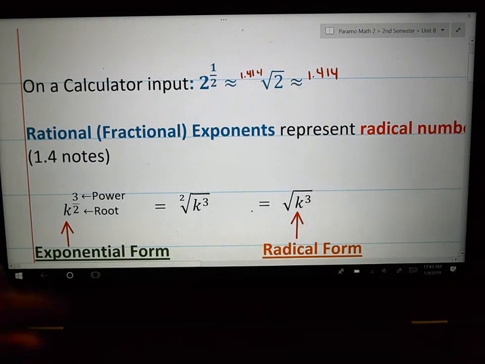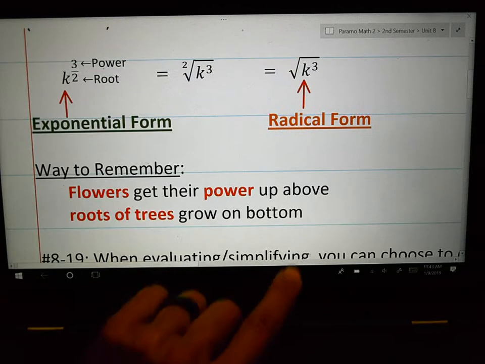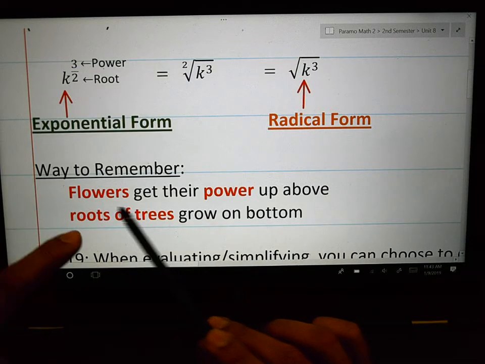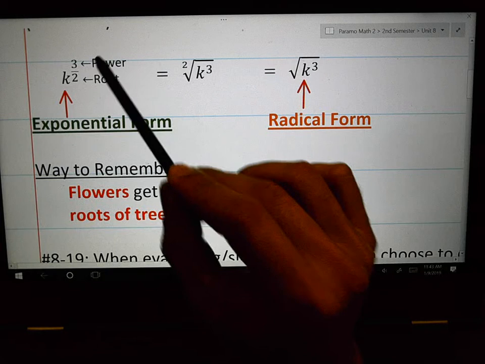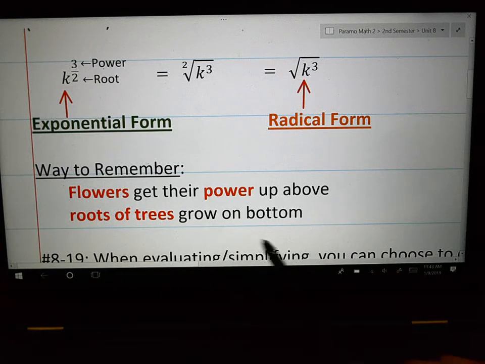It's the same thing. That's what we just learned. The way I remember this is that flowers get their power from up above, whereas the roots of trees grow on the bottom. So roots are on the bottom and power is up above.